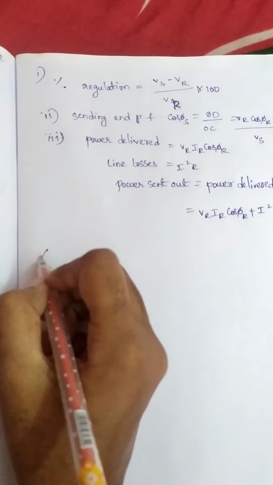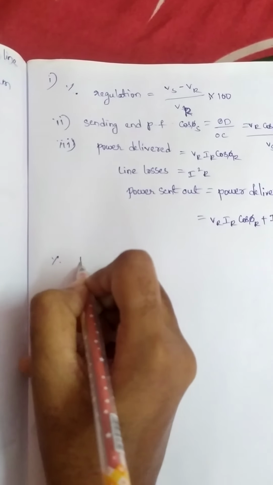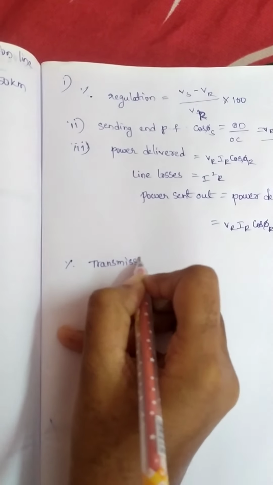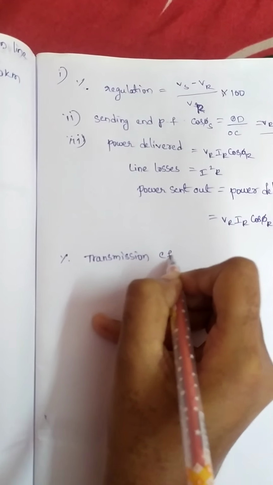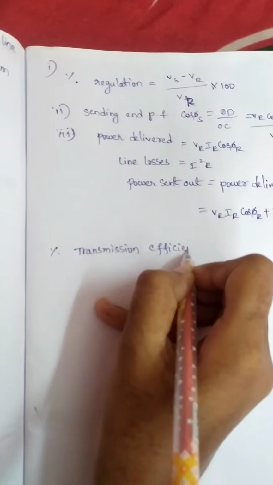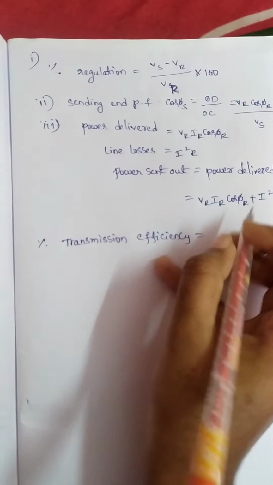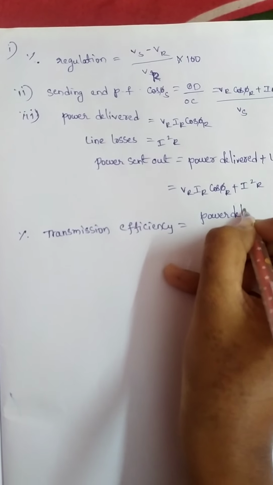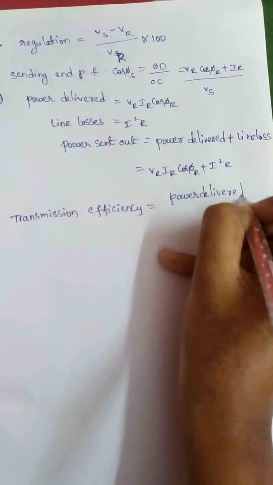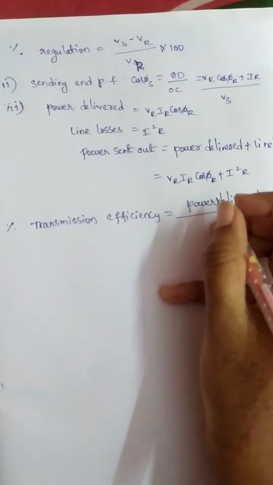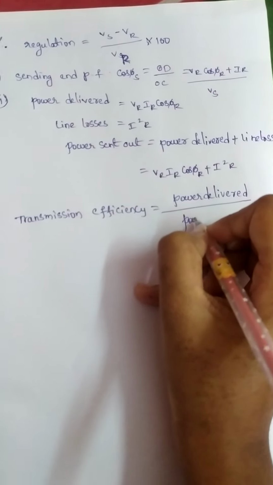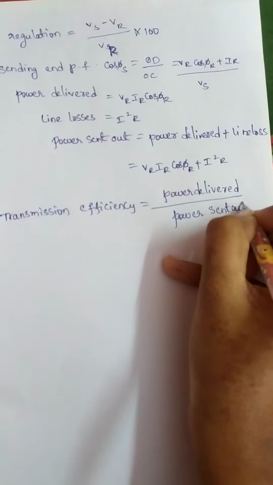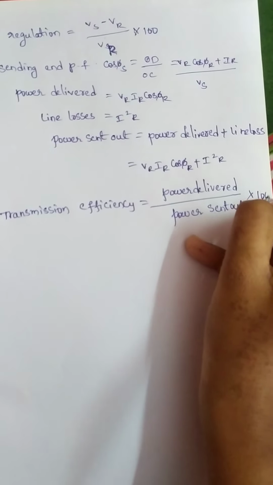Next, percentage transmission efficiency is equal to power delivered by power sent out, into 100.